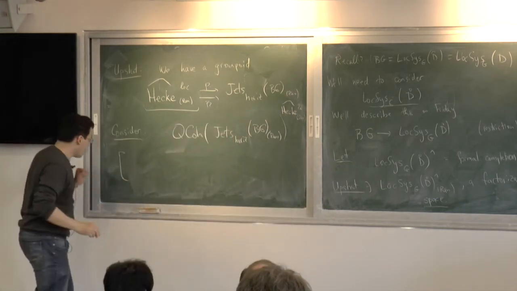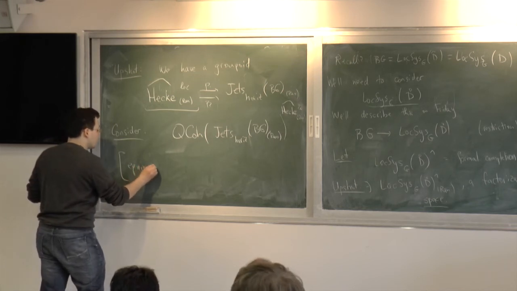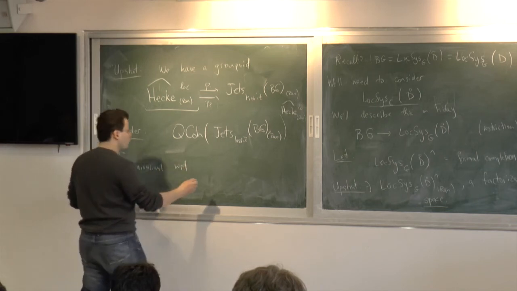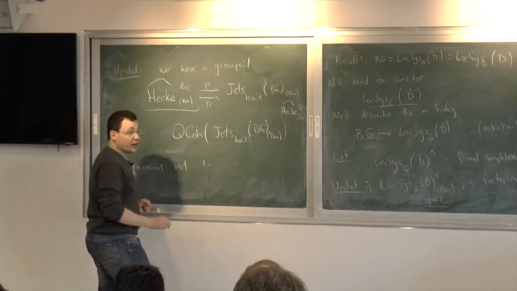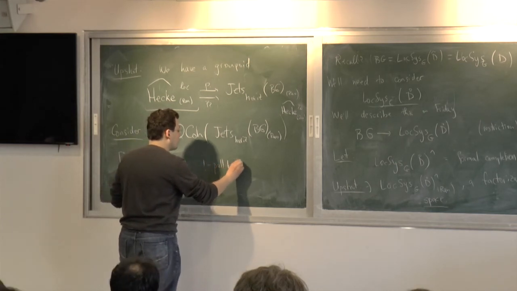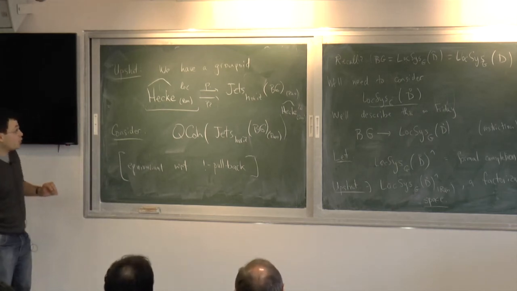So an important remark is that I need them to be equivariant with respect to the shriek pullback rather than the star pullback. So this is one instance where working with right D-modules is much better than working with left D-modules.